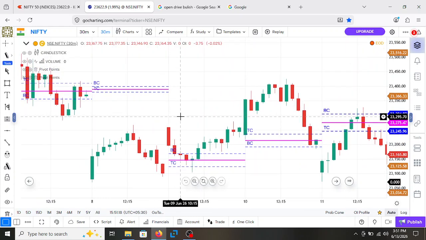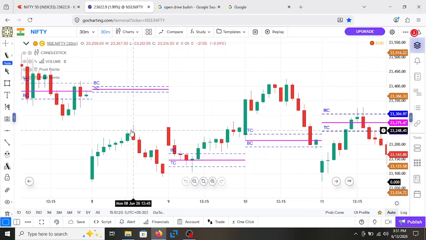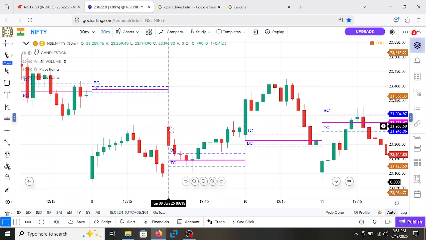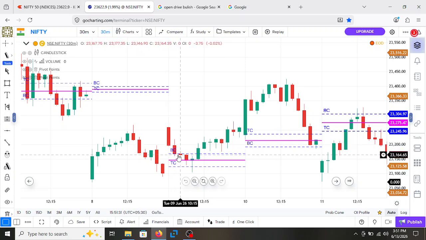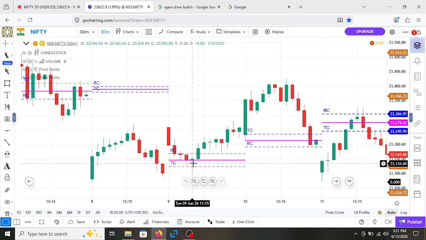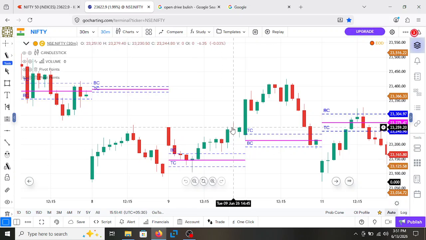Look at this. Nifty opened near the previous day high, faced selling, rejected. This is the open drive bullish, and they extended the range down to the value or to the point of control. Later on, a responsive buyer comes here, and they managed to take Nifty higher.